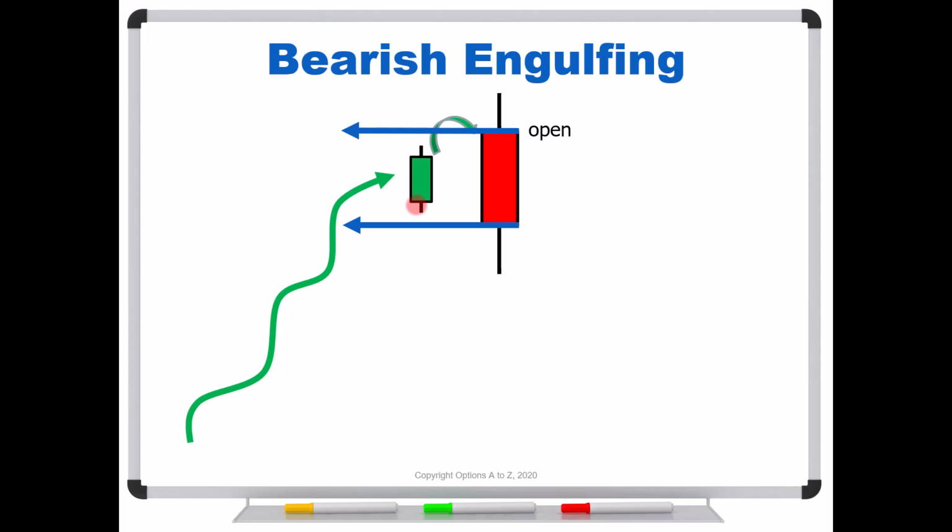As I've mentioned in a previous video, this is also called an outside day because today's candle completely sits outside of yesterday's. It shows that there was a lot more volatility in today's price action. And so when we get this two candle pattern, that's our bearish engulfing. It's going to occur at a top, and we would expect that prices are now going to reverse.